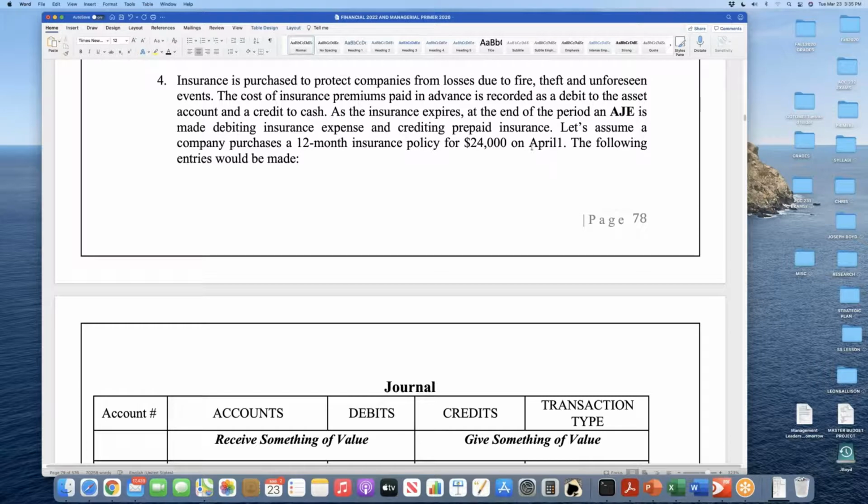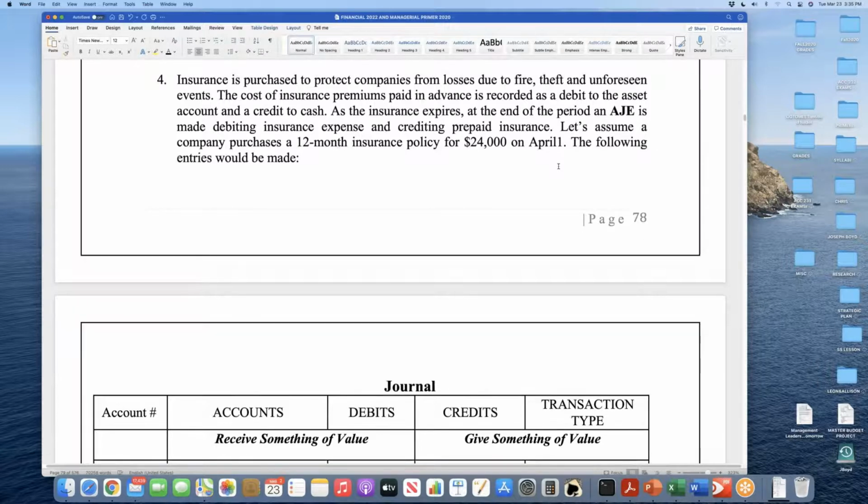So from April 1 to December 31st is how many months? Like 6 or 7. 8. How do y'all keep count? Count again, Ebony. You said from April to December, right? Yeah, April 1. So count April.